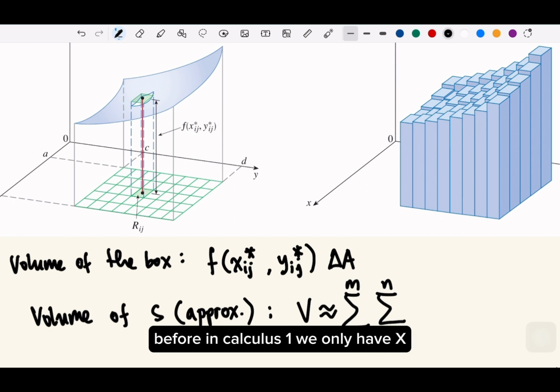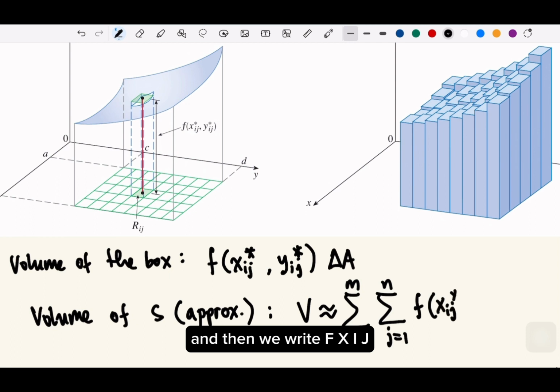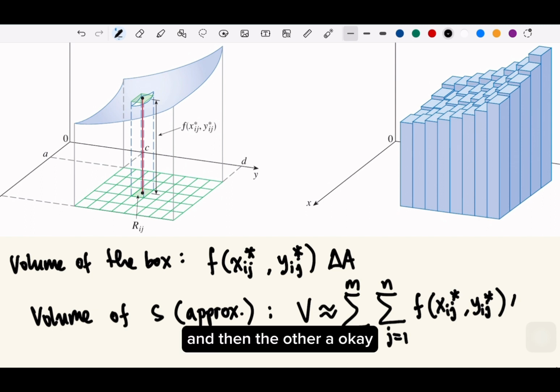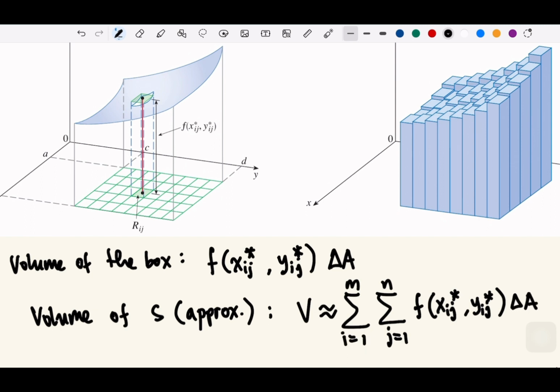Before in calculus 1 we only have x, so we have only one sigma. And then we write f of x_ij and then delta A.